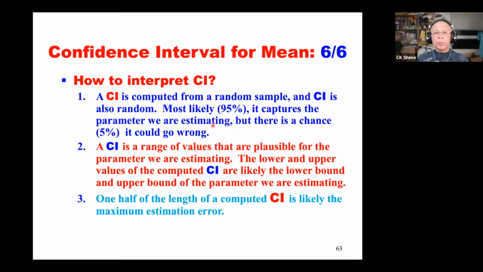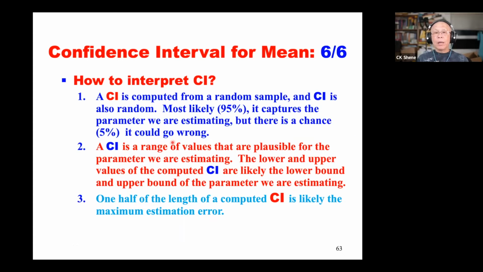You may interpret it in 3 commonly seen ways. A CI is computed from a random sample. Of course, CI is also random. Most likely, that is 95%, it captures the parameter we are estimating. But there is a chance, 5%, that it could go wrong.